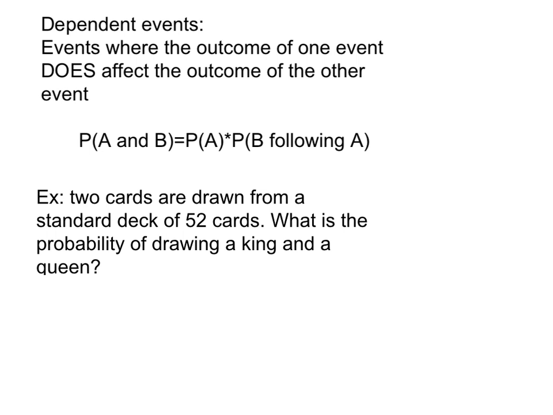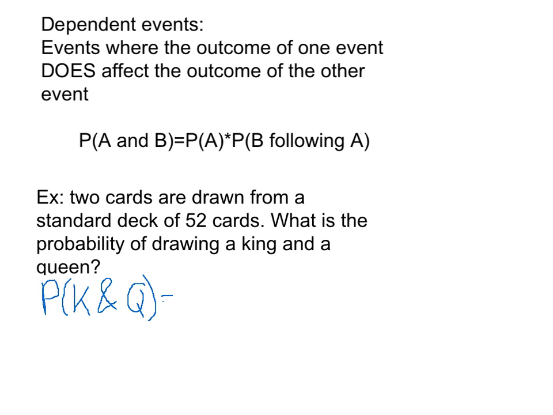So in this example, instead of looking at dice, we're going to look at cards. The example says that 2 cards are drawn from a standard deck of 52 cards. What is the probability of drawing a king and a queen? Well, I know that from this formula, I can rewrite this as the probability that I get a king, and I'm going to abbreviate my "and" with an ampersand there, king and queen.